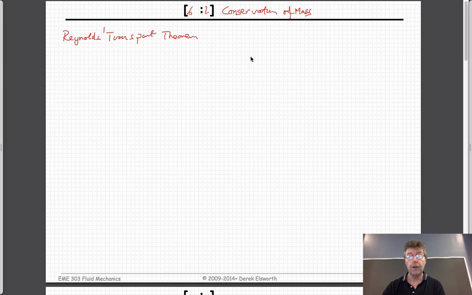And we're going to do it on a block. It looks like this. Much easier to think about than the regular kidney-shaped thing. So we have V1, V2, volume of this.